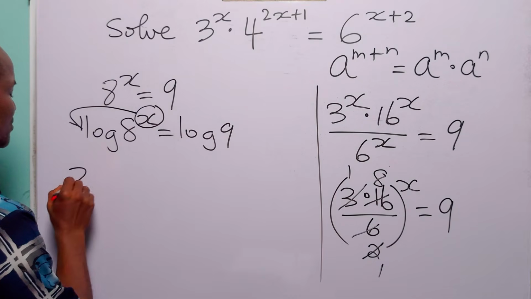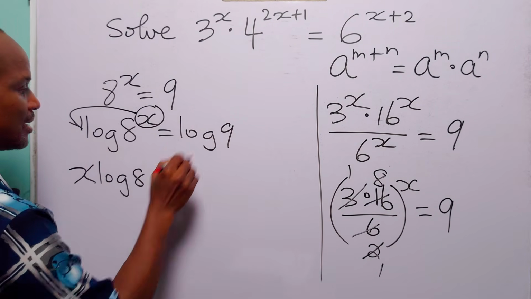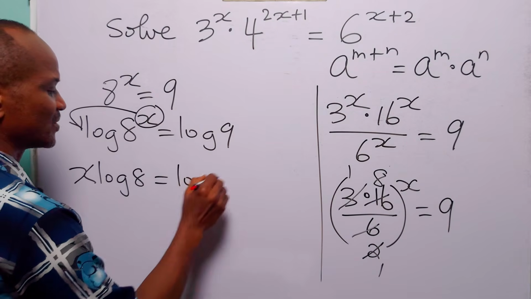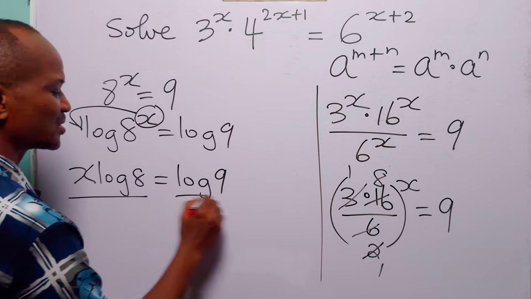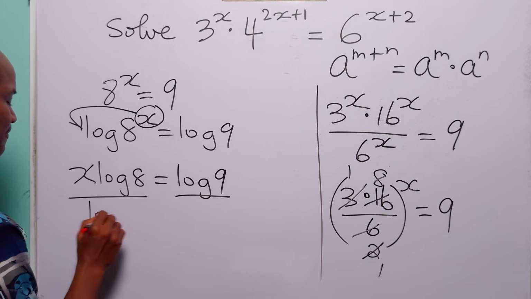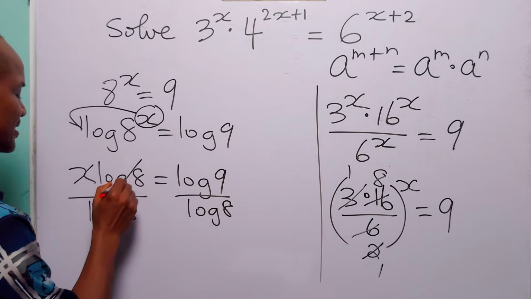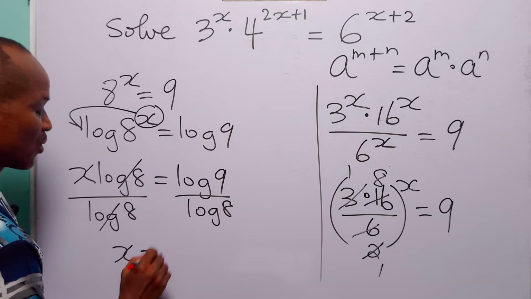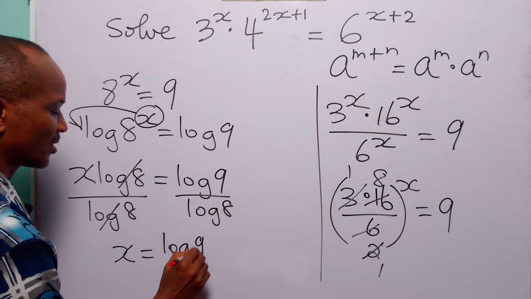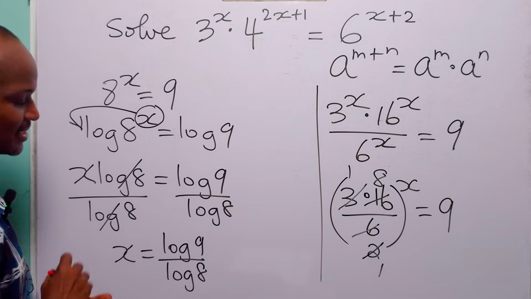When we apply this rule, the left-hand side becomes x log 8. And of course, on the right-hand side, we still have log 9. Now, we'll simply divide both sides of the equation by log 8. This will cancel that, and we have that x is equal to log 9 divided by log 8.